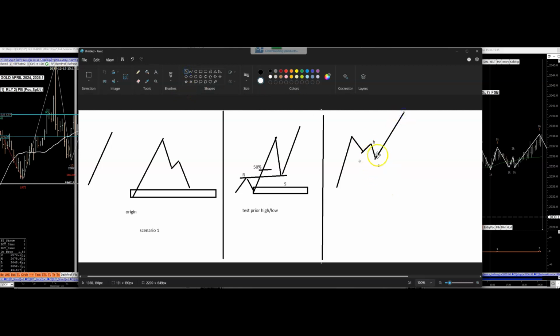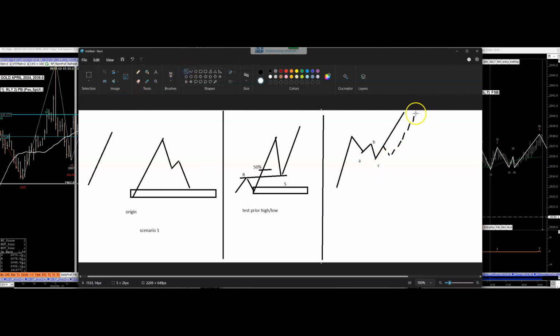Bang. Sometimes it retests, sometimes it does this. Sometimes it retests the C, right? But A, B, C, boom, or A, B, C, and then one more, D, E, we want to call it DE, fine, and then it goes. So this is scenario 3.